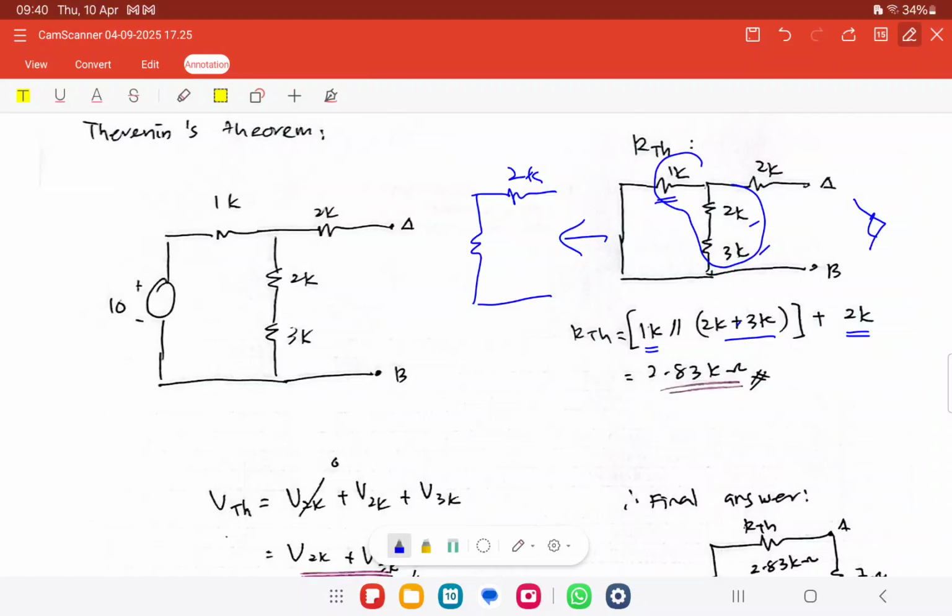Please get the VTH. Ada VTH? Ada dah dapat the RTH? What you should do with this one? What you should do with the 10 volt tu?